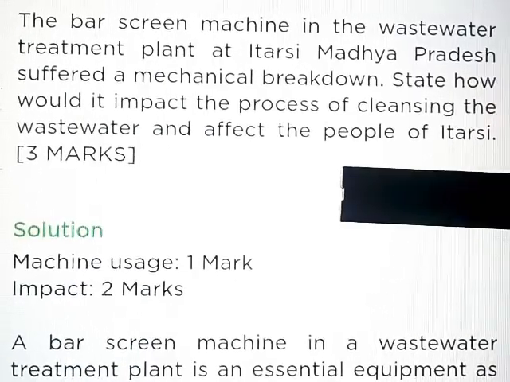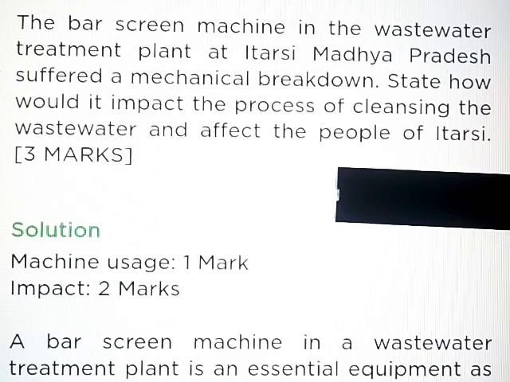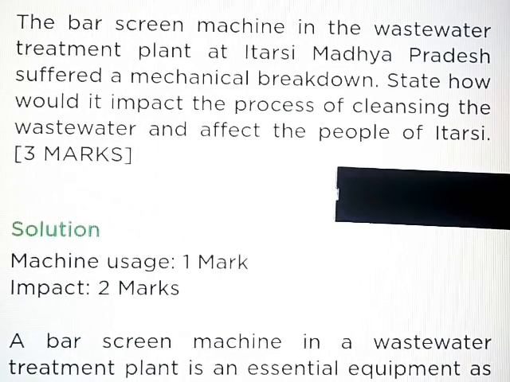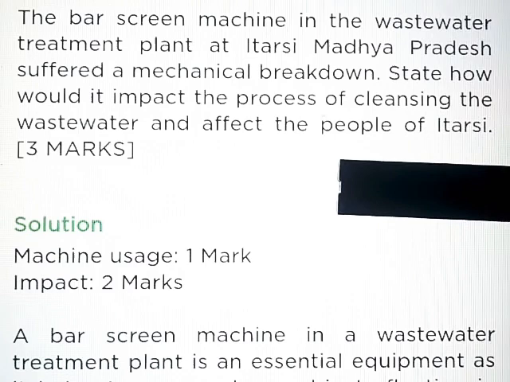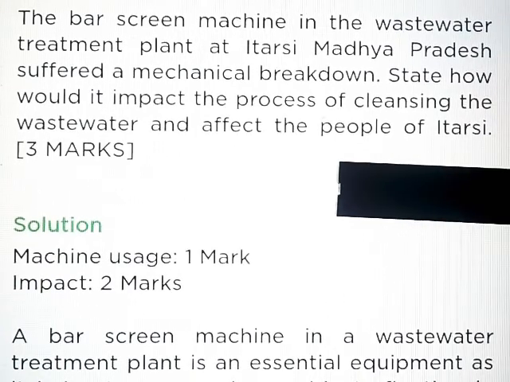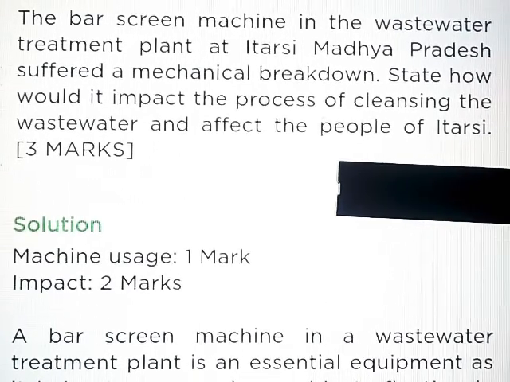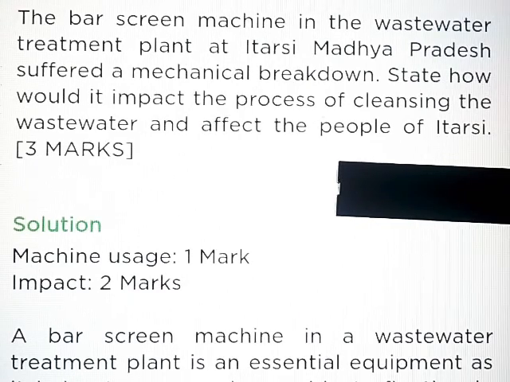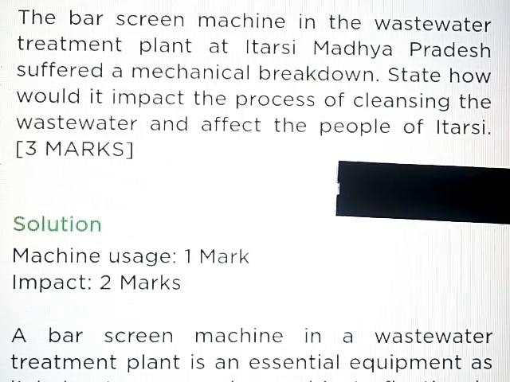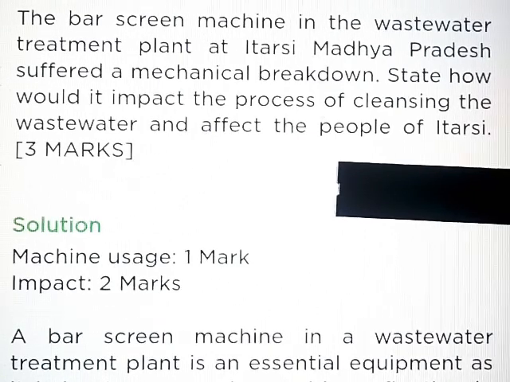Question number 8. The bar screen machine in the wastewater treatment plant at Madhya Pradesh suffered a mechanical breakdown. State how would it impact the process of cleansing the wastewater and affect the people of Madhya Pradesh? Answer.